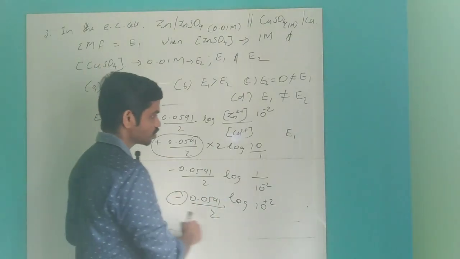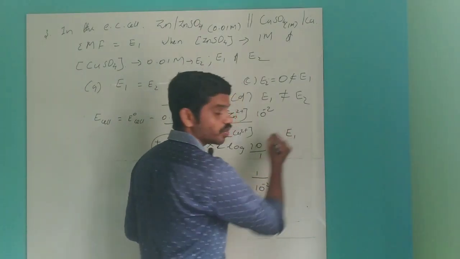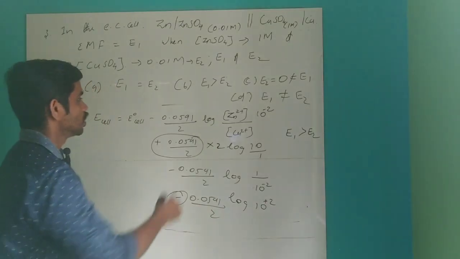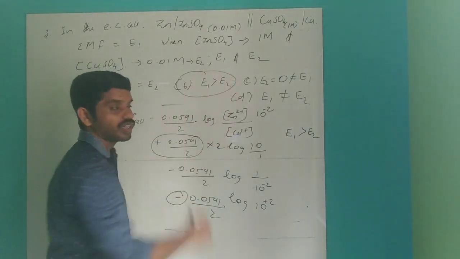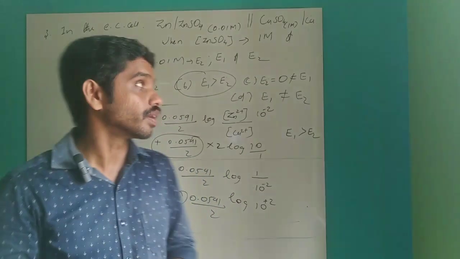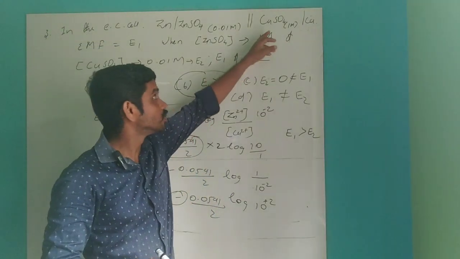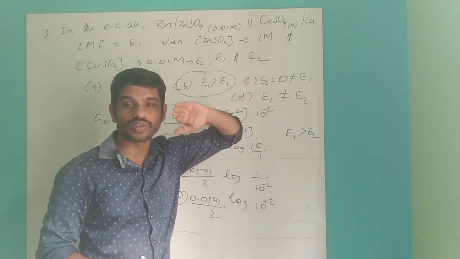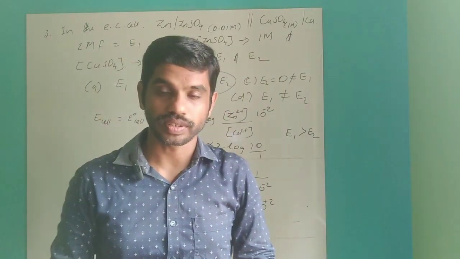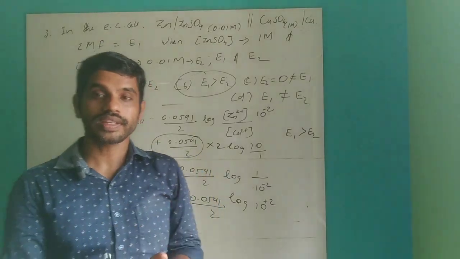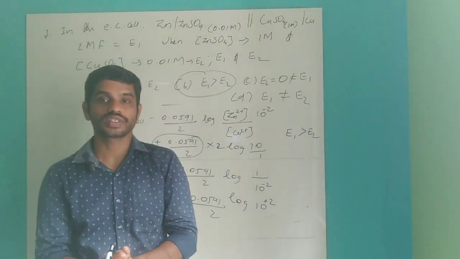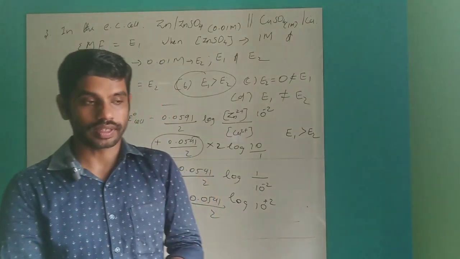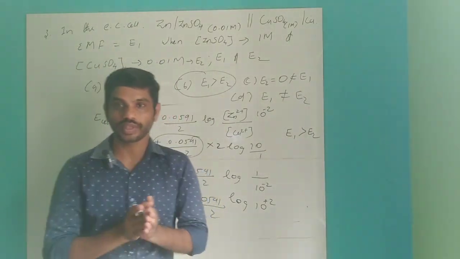Minus is coming, so it is a less value. So E1 will be higher than E2. B is the right one. That means if you decrease the concentration of CuSO4, the EMF will also decrease. So for the Daniell cell, if you decrease the concentration of copper, then the EMF will decrease. That's the conclusion.